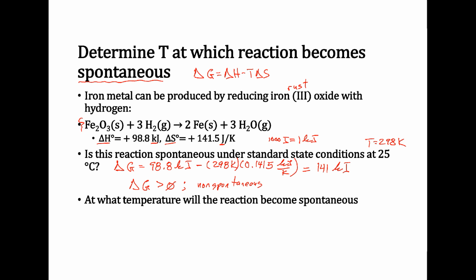So what we need to figure out is what temperature will this reaction become spontaneous? Well, if we're going from delta G being a positive value to delta G being a negative value, what happens between a positive and a negative value? What we're doing is we're looking for a sign change. So we're really looking at delta G equaling 0.